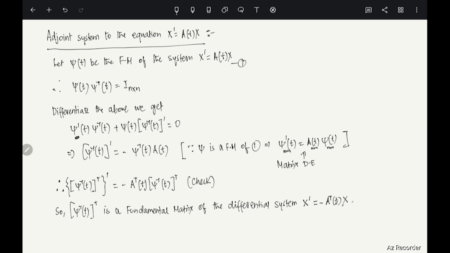Clear? And this system will be called the adjoint system of system 1. So given a system 1, x prime equals A times x is the original given system, and the adjoint of the system will be x prime equals minus A transpose x. We are going to talk about this later also. So please remember this, very important.